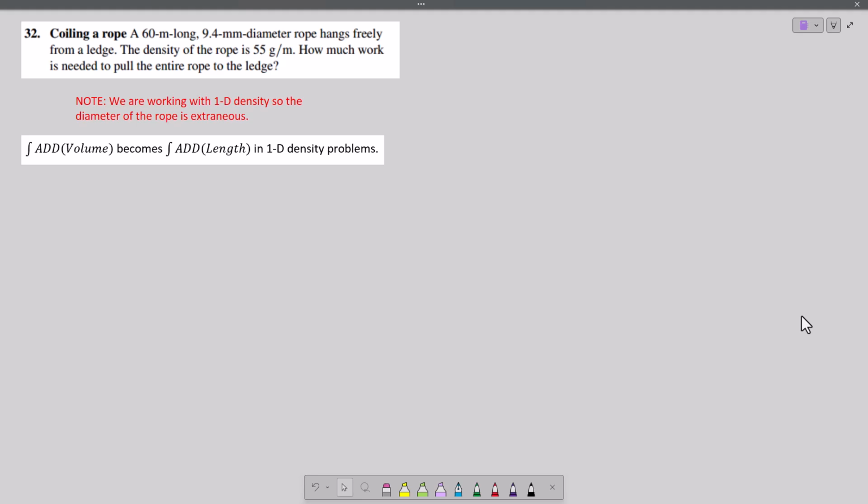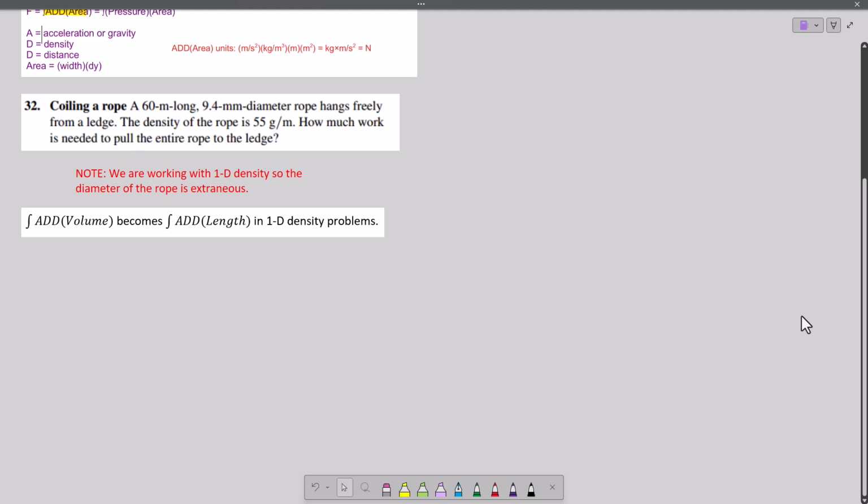So they try to trick us here. They tell us that our climbing rope's a standard 60-meter rope, and they give us a 9.4 millimeter diameter rope. If we are dealing with one dimension, does the diameter of the rope matter? No. That does not matter. That is extraneous.